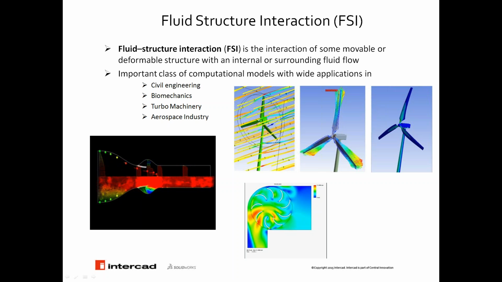This brings us a very important class of computational model with a wide range of applications in civil engineering, in biomechanics, in turbo machinery, and also in the aerospace industry. Therefore, it is very important to understand how we can do this coupling, how this analysis should be approached, what the different methods are and what we can get from each method.